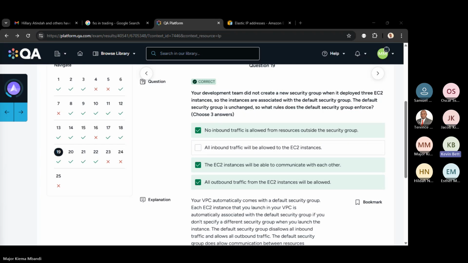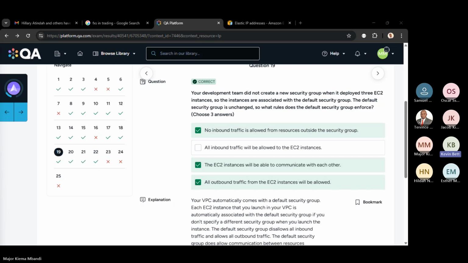So the question is, your development team did not create a new security group when it deployed 3 EC2 instances. So the instances are associated with the default security group. The default security group is unchanged. So what rules does the default security group enforce?